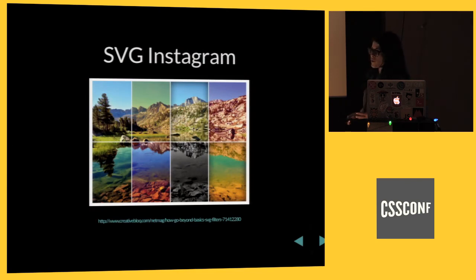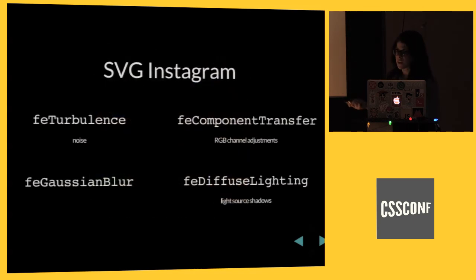If you go crazy with filters, you can essentially do SVG Instagram. Filters get kind of complex and you need a bit of knowledge of image manipulation and how that works, but there are some good tutorials here. The example we're looking at is a combination of a turbulence filter, which creates noise effects, and the blur we saw already, which is going to make a blur.